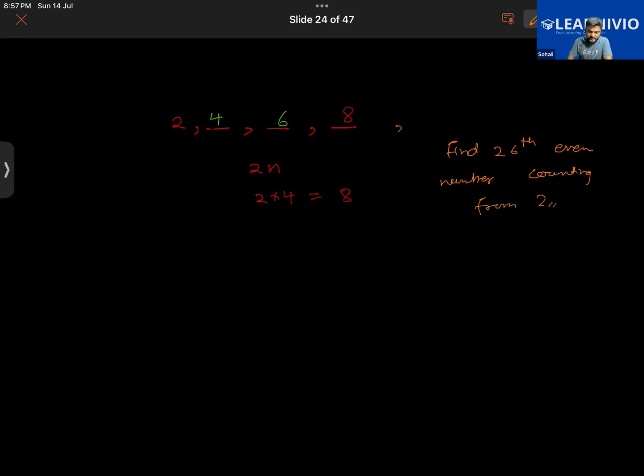Will you be able to find it using the formula 2n, where you have to put the value in place of n and multiply it with 2? You'll be getting your answer. 26 2s are 52. So that would be 2n. Here 2 times 26 would give 52, right?